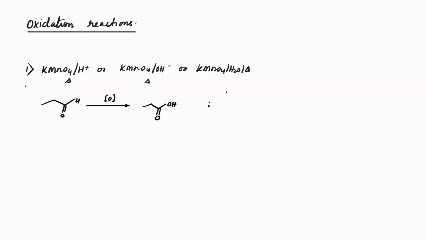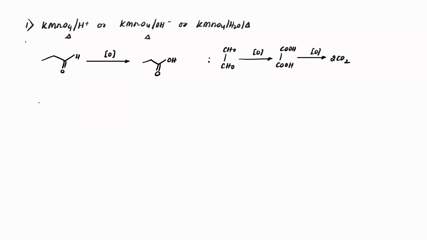If the aldehyde is glyoxal like this, first the oxidation will convert it into oxalic acid. Oxalic acid will further get oxidized to 2 moles of carbon dioxide. Alright, this is about aldehyde forms.